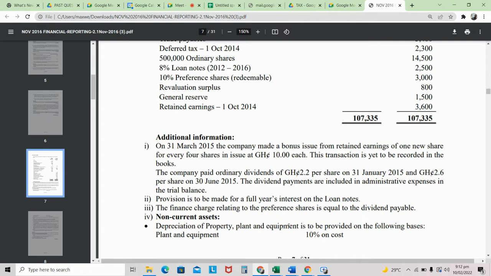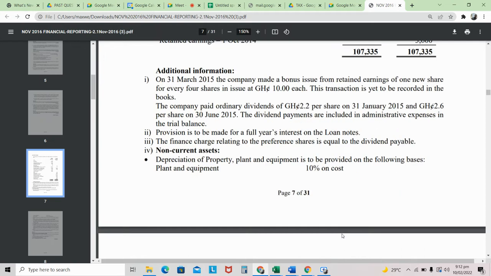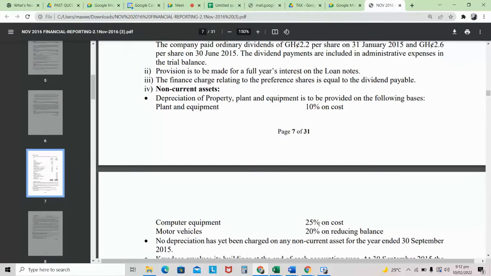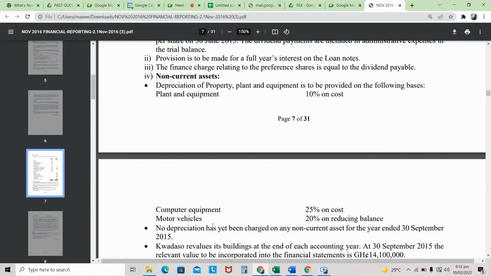Depreciation of property, plant and equipment is to be provided on the following basis: plant and equipment 10% on cost, computer equipment 25% on cost, motor vehicles 20% on reducing balance. No depreciation has yet been charged on any non-current asset for the year ended 30th September 2015. So they are telling us that they have not calculated any depreciation. So we have to calculate the depreciation for the year and also find the carrying amount of these assets.